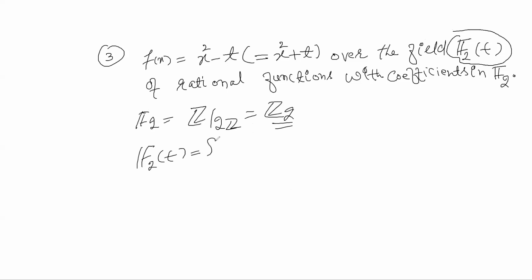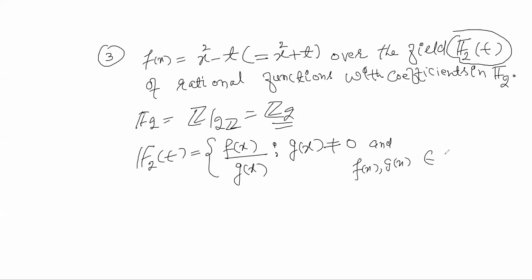Rational functions means of the form f(x) over g(x) such that g(x) is a non-zero polynomial, and these polynomials f(x), g(x) belong to F2[t].